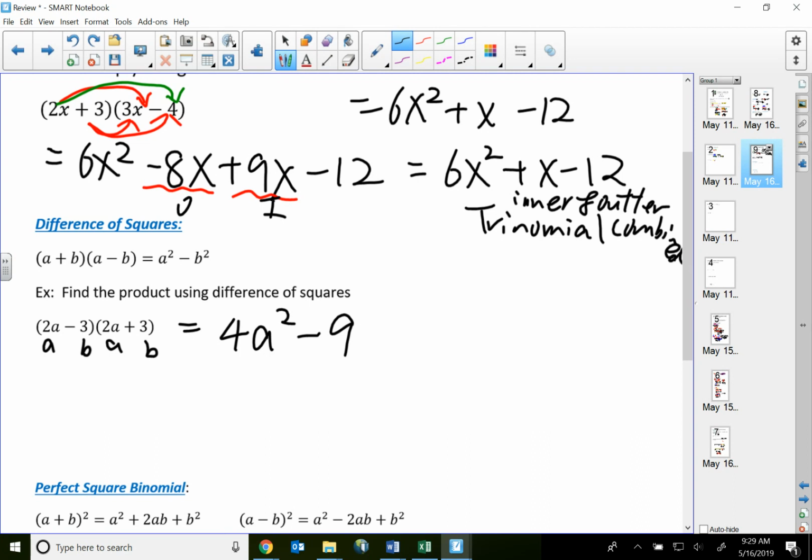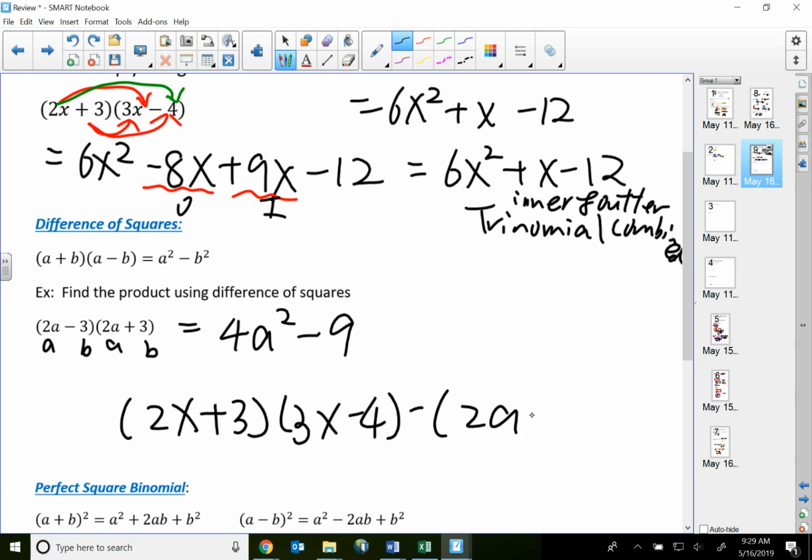So if I pretend to put the two examples I have together, let's use the same variable. I'm going to turn these a's into x's. So if I have a problem that's 2x plus 3 times 3x minus 4 minus 2x minus 3 times 2x plus 3.